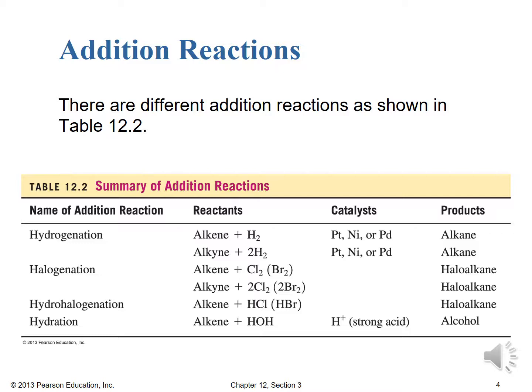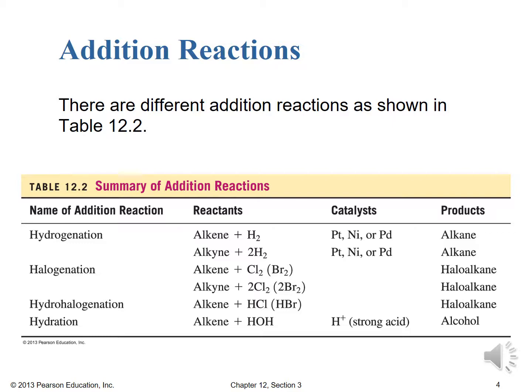If we did partially hydrogenated, as I mentioned, either we didn't add enough hydrogen to have a 1 mole hydrogen, 1 mole alkene ratio, or we only added 1 mole to an alkyne, we might end up with still some unsaturations. But to keep things simple, we're going to imagine everything goes to completion. We're fully hydrogenating to get alkanes from these alkene or alkyne reactants.